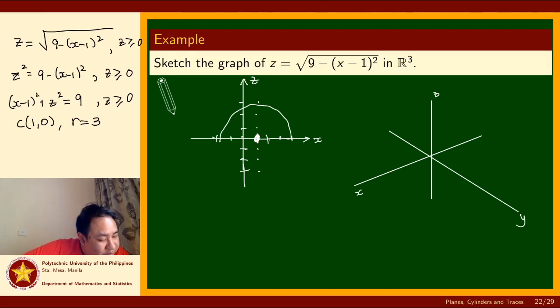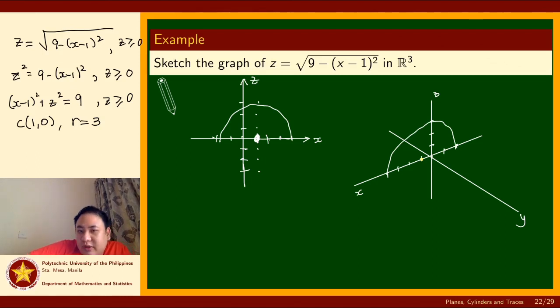So where is the circle? This is 1, 2, 3, negative 1, negative 2. Our circle, I will use a different color, is centered here. So our semicircle looks like this.